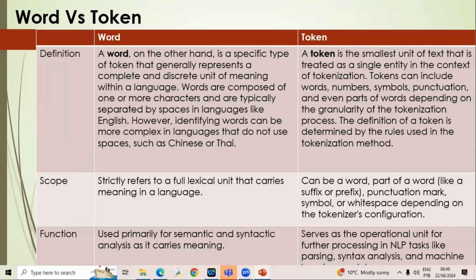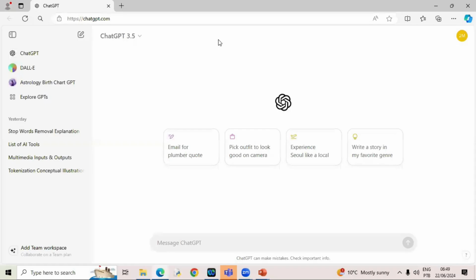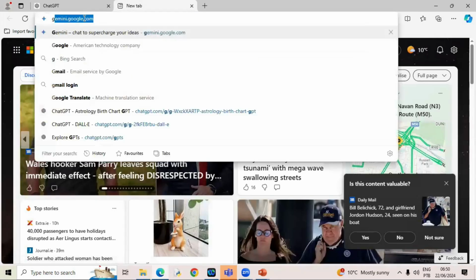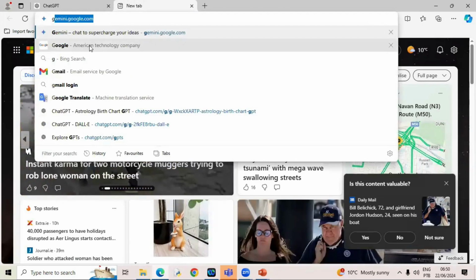They are making it standardized, so everybody can use it as a standard method. But again, based on different languages, the tokenization process changes. Even if you go to the GPT website, it explains in detail what the tokenization process is.